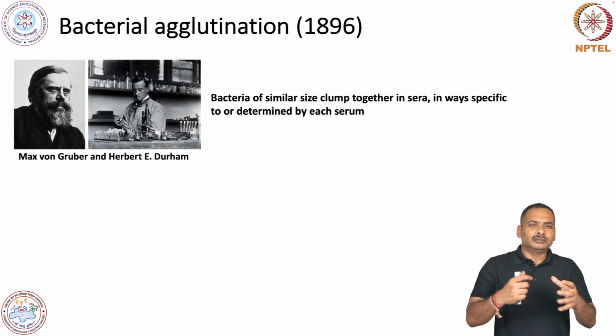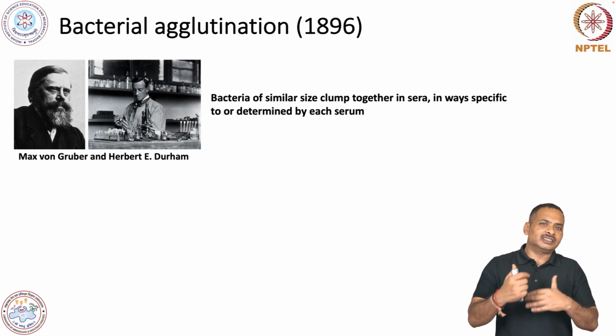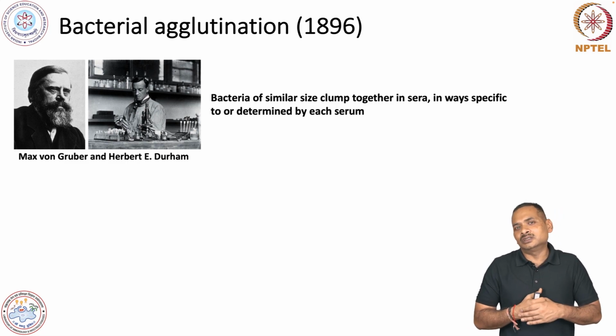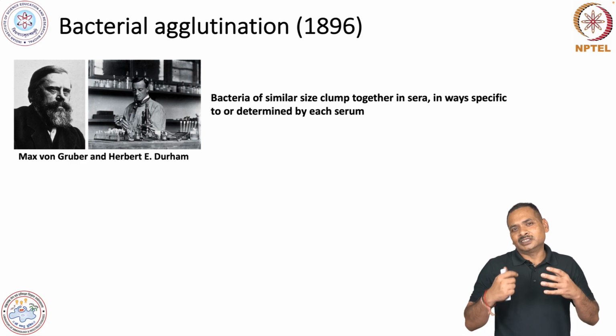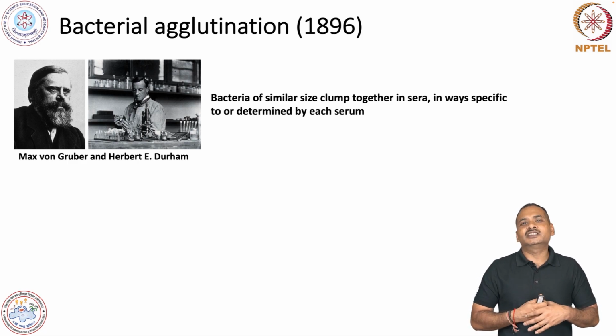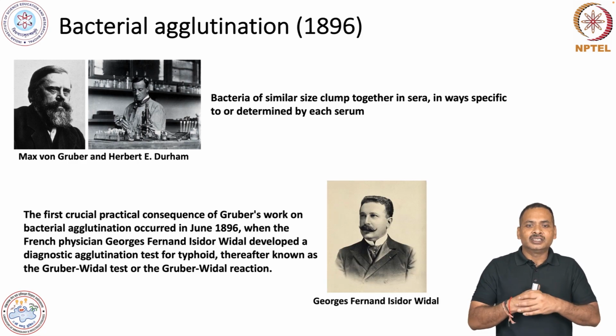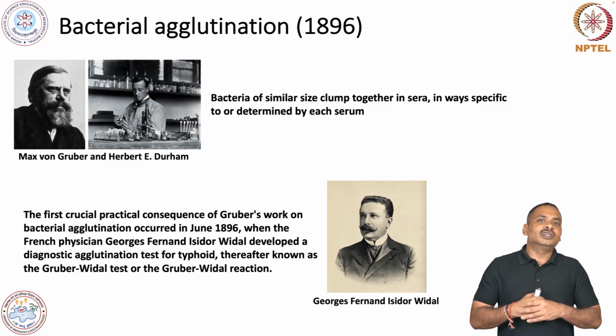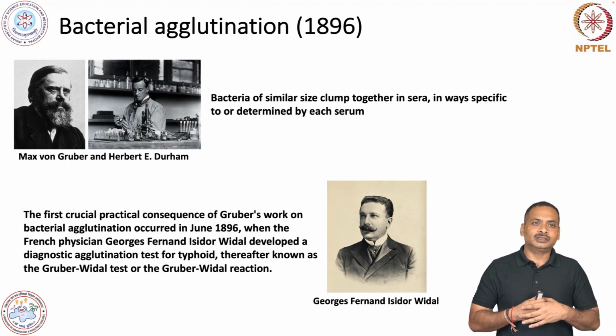So agglutination assays came into the picture, and one very good example of an agglutination assay is the Vidal test, given by Georges Fernand Isidore Widal, which we use for typhoid.